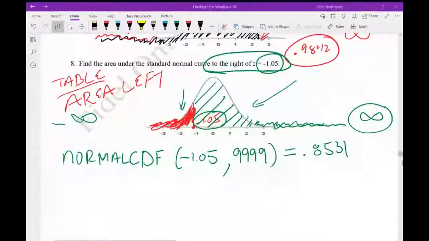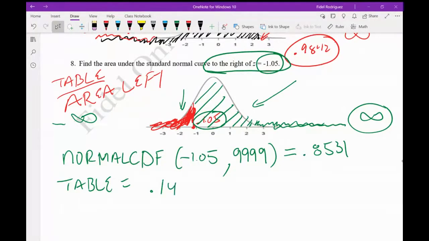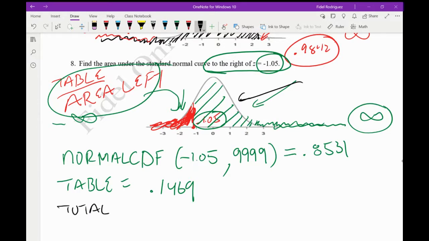So I'm going to stop sharing this. And I'm going to come back to my notes one more time. Okay. And when I was using my table, the answer that I came up with was 0.1469, right? But that was actually giving me the area right here. So when I want to find this green area here, the area under the entire curve, so the total area, is equal to 1.